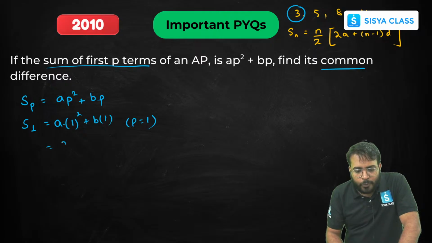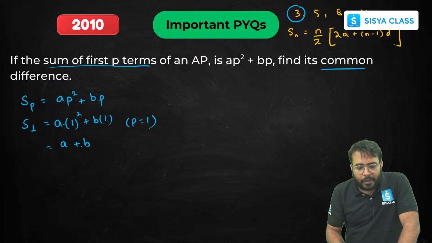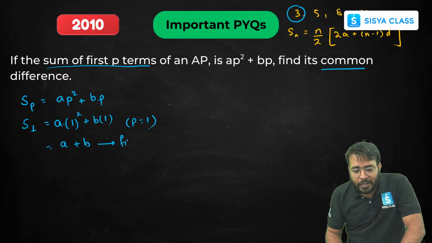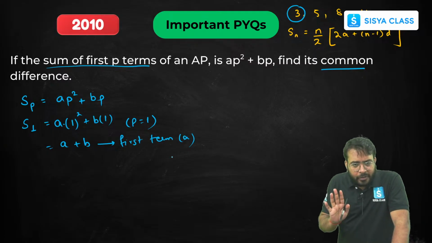And that is going to be beta a plus b. This is nothing but your first term, and first term is nothing but your a plus b, yes or no? यहाँ पर समझ में आया?